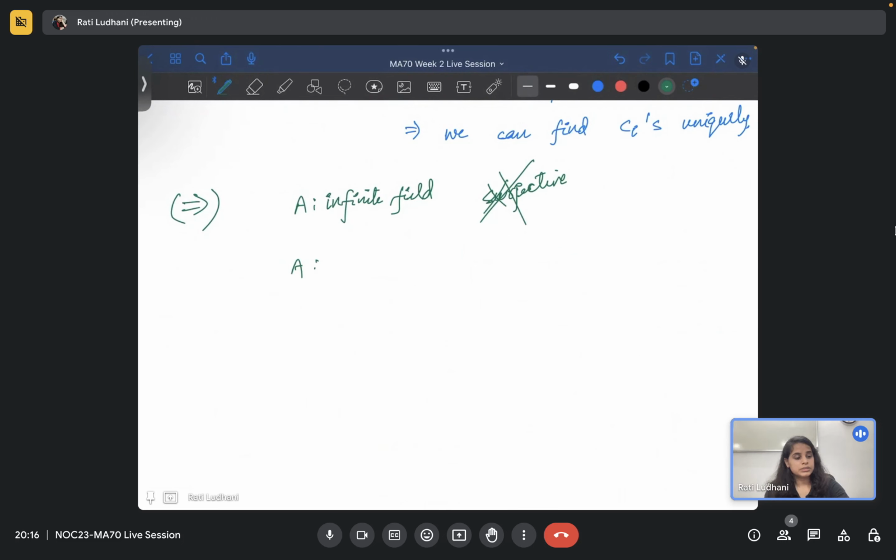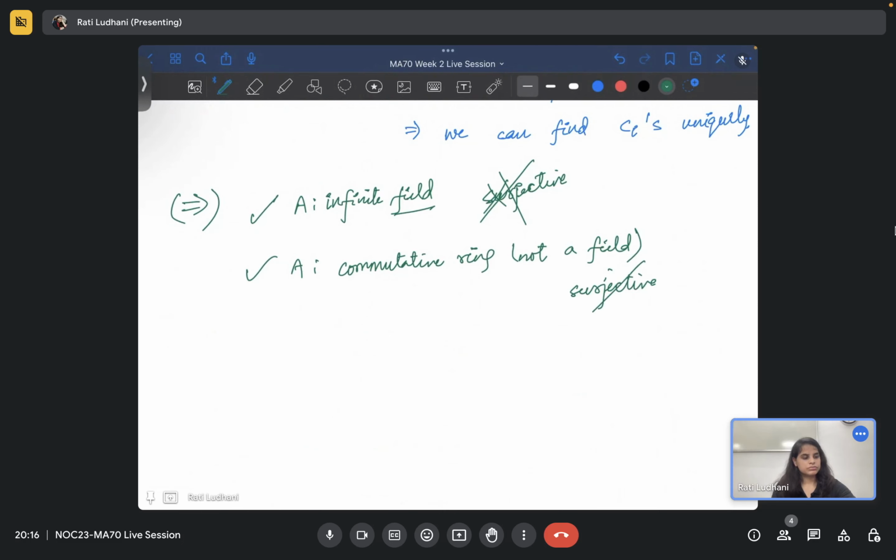And when A is not even an integral domain, not a field, maybe just a commutative ring, you can try to prove it in two phases: if A is an infinite field, then it is not surjective, and if A is a commutative ring which is not a field, then again it is not surjective. Just try to prove that.